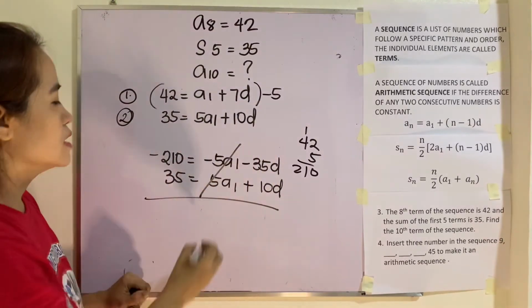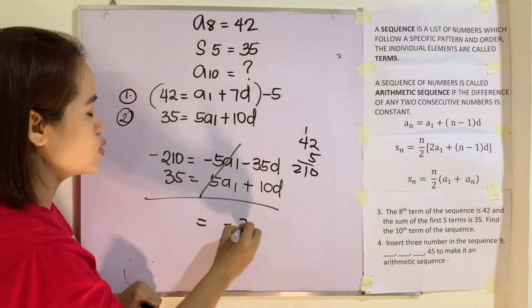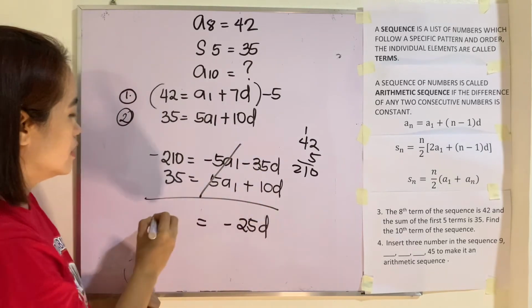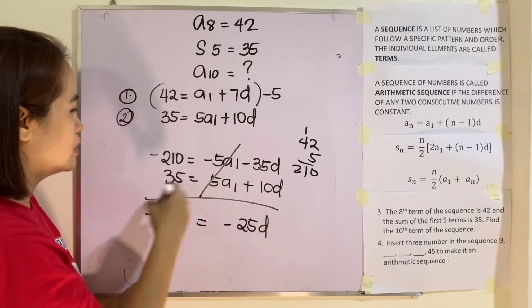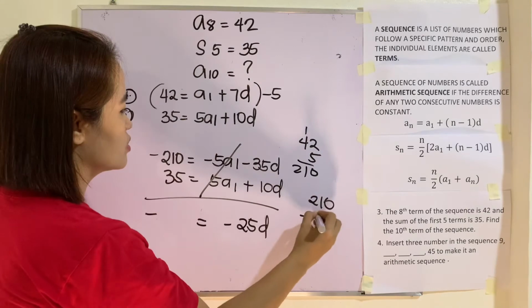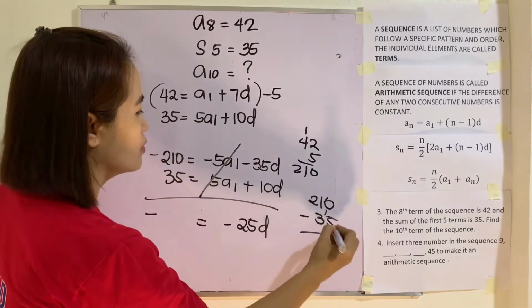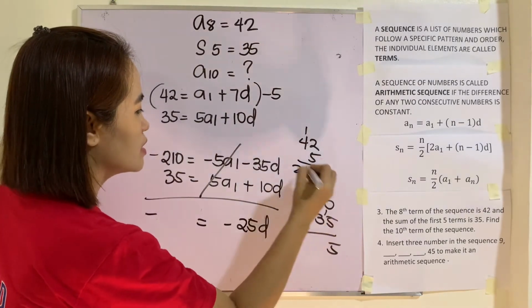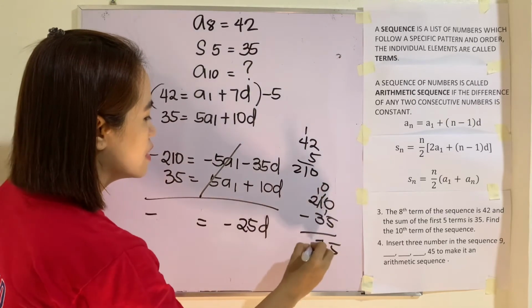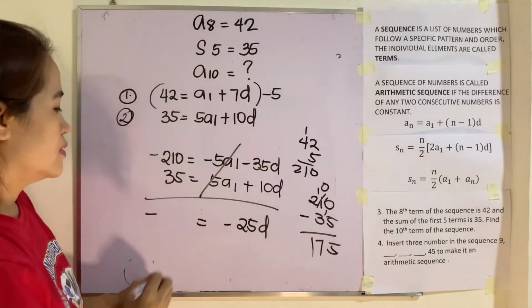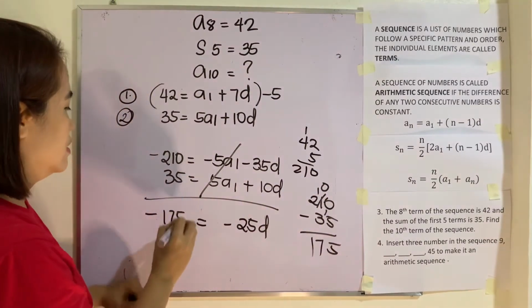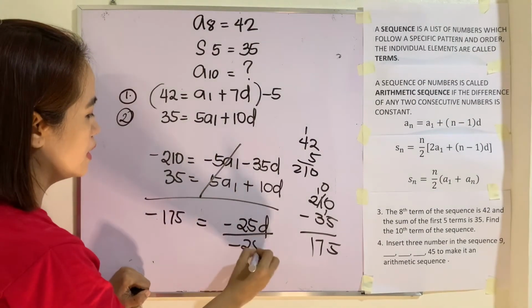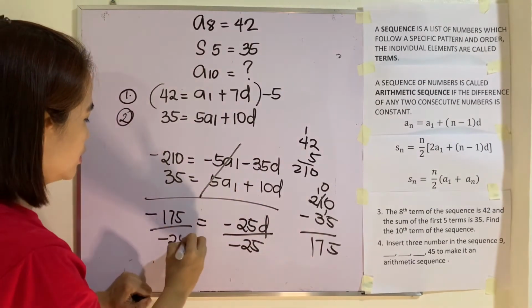So we can cancel this. This one is equal to negative 25D. And this one is equal to negative 210 minus 35, which is 175. Okay. Dividing both by negative 25.